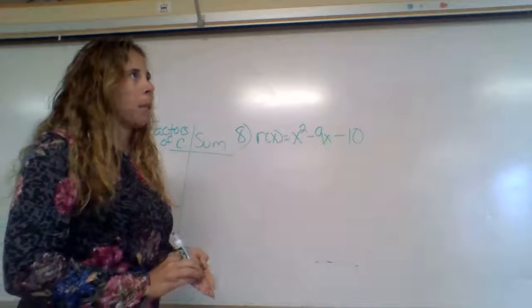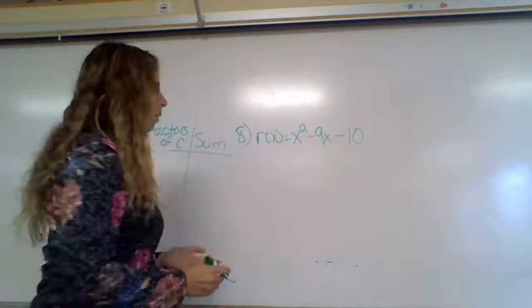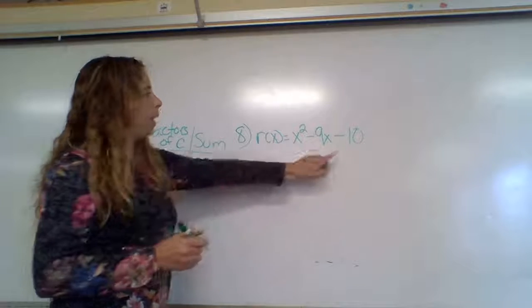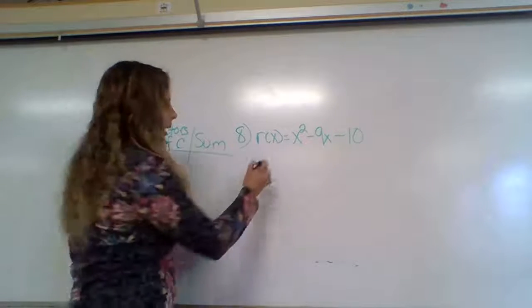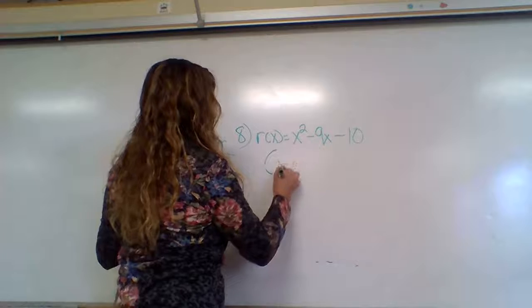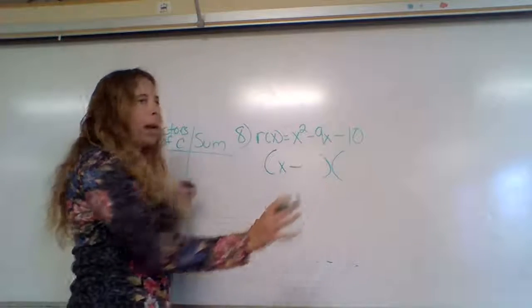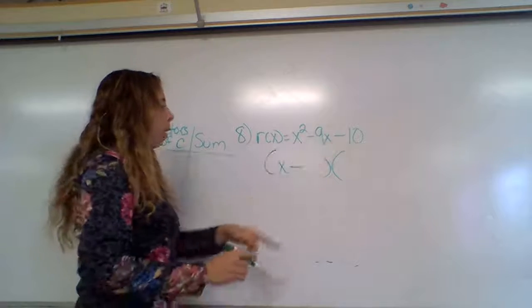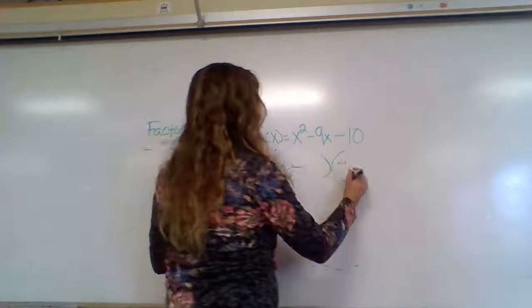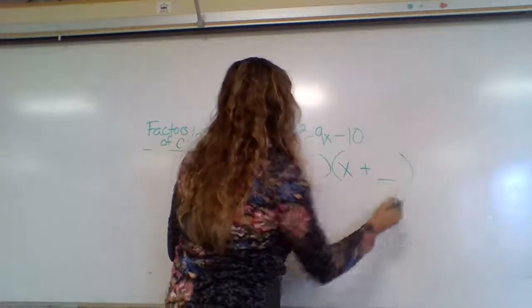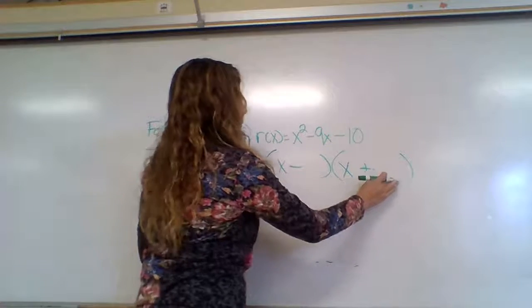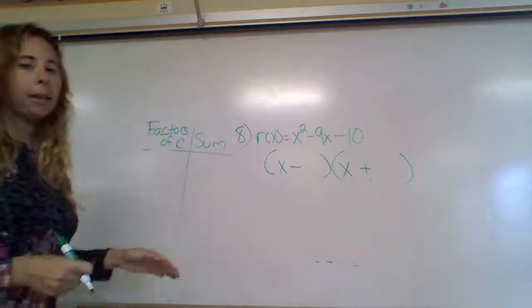A negative times a negative is also a positive. So one of my factors is going to be negative, and the other one's going to be positive. That's the only way I can get a negative number. Keep that in mind.